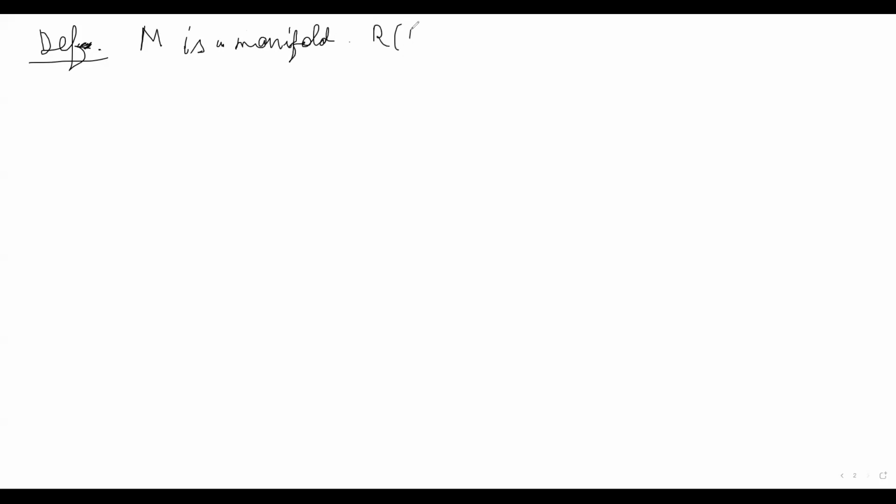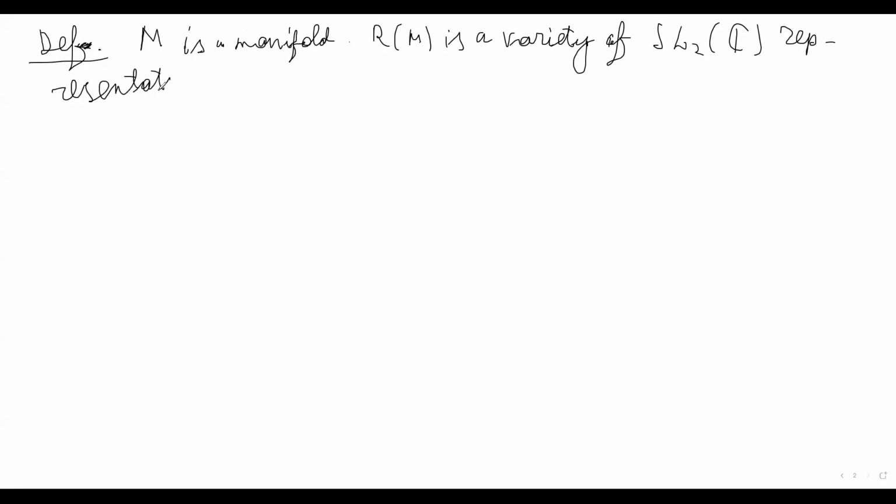So R of M is the variety of SL2 C representations of its fundamental group.